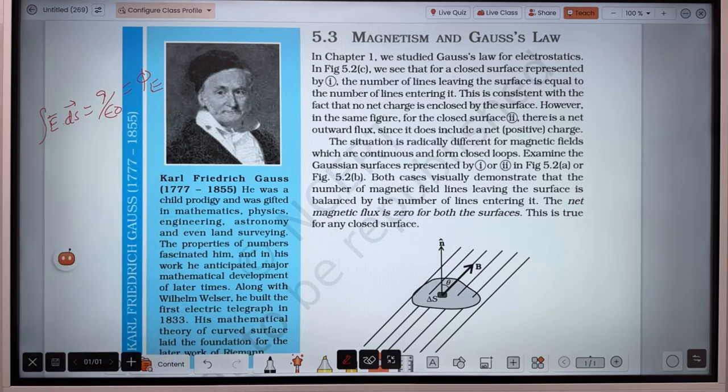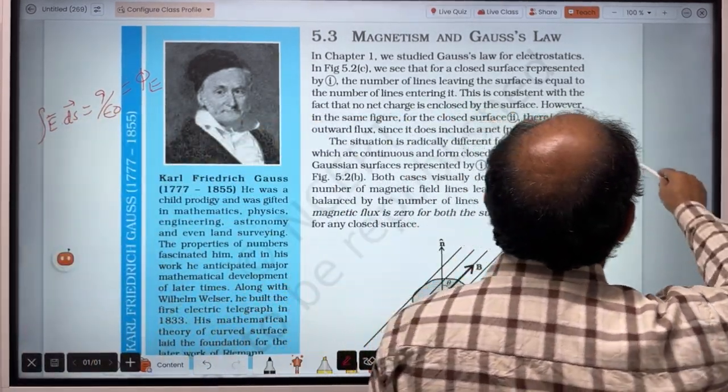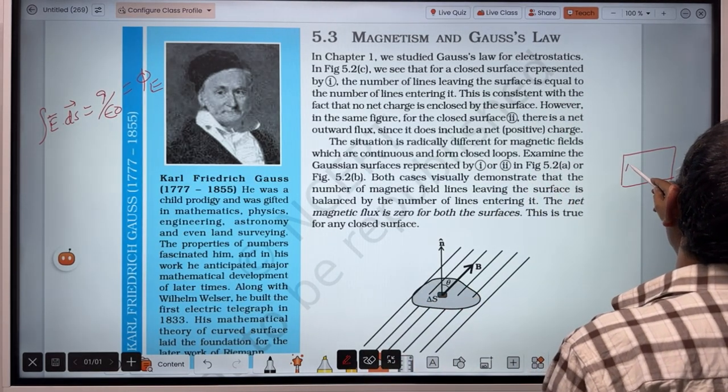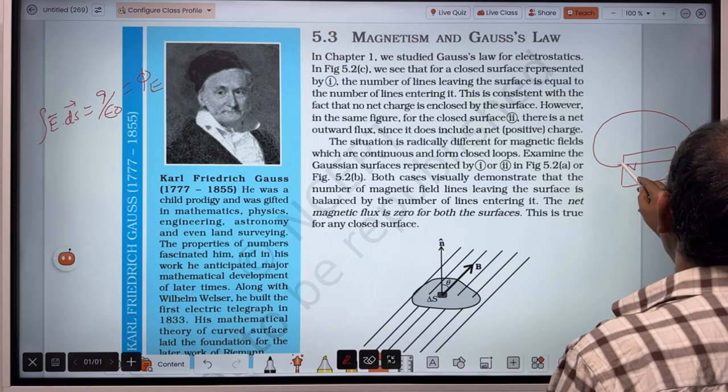It is not necessary that incoming flux and outgoing flux are equal. But in case of magnetism, incoming and outgoing flux must be equal, because suppose this is the north pole and this is the south pole, one line comes like this, so it must enter.